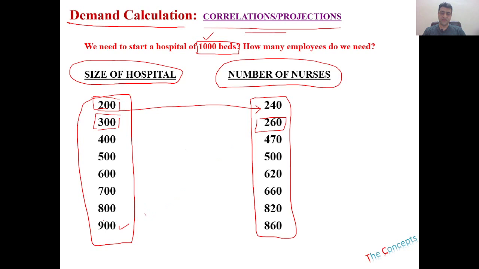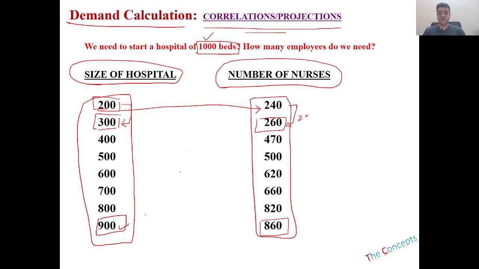The same way, if you have 900 beds, the number of nurses needed are 860. Now, the problem is that there is no symmetry of the number of nurses required and the number of beds in a hospital. Here, there's an increase of 100 beds, but there's only an increase of 20 nurses. This is what the previous data is telling us.